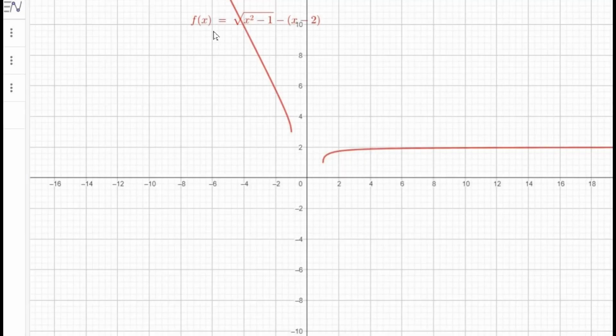So I have plotted the graph for this function f of x. If you see this, between these two numbers of x, you will not get any value for f of x. You will have a negative number inside the root. It is not showing any value for f of x in between these two. But if you take all the positive values, it is never touching the x-axis.